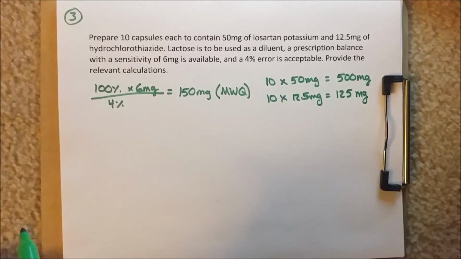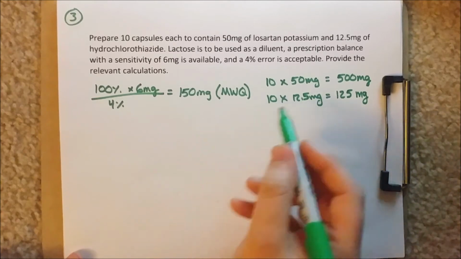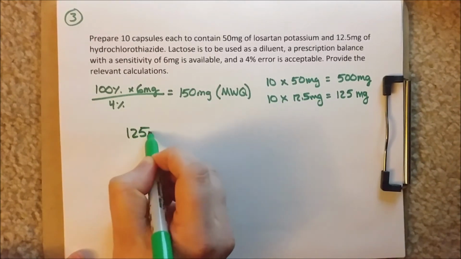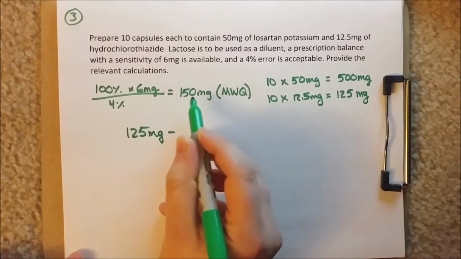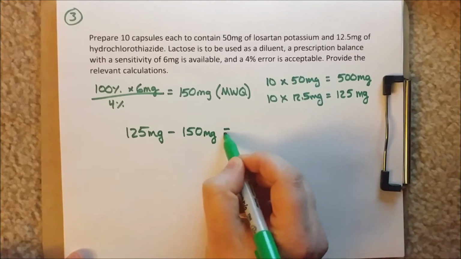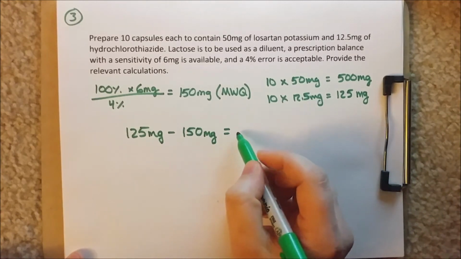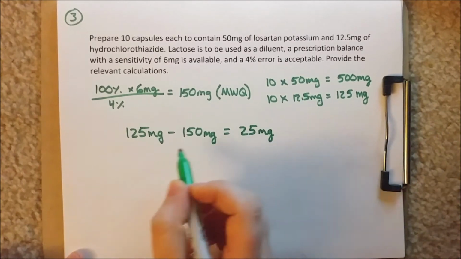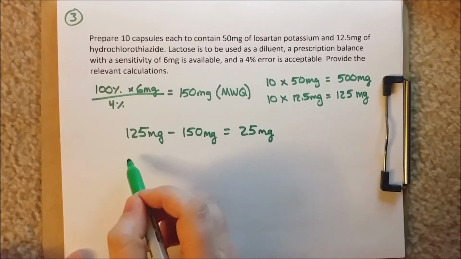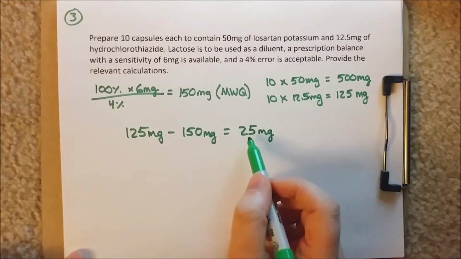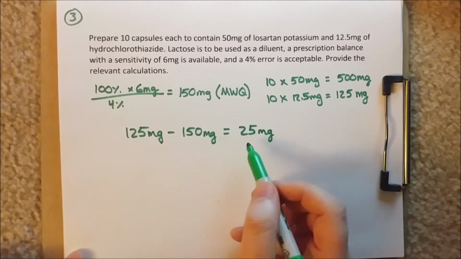We will need to calculate the aliquot. So we need 125 milligrams minus the minimum weighable quantity gives you the diluent. So can't do 2 times the drug, because then 2 times the diluent will be less than the minimum weighable quantity.